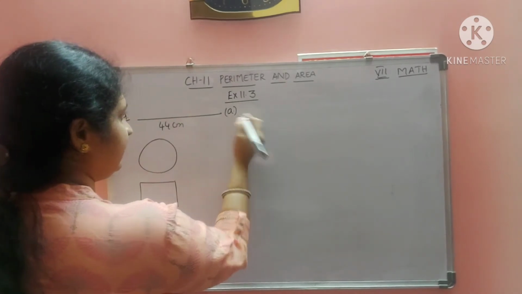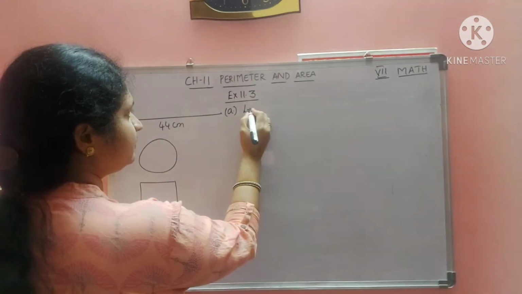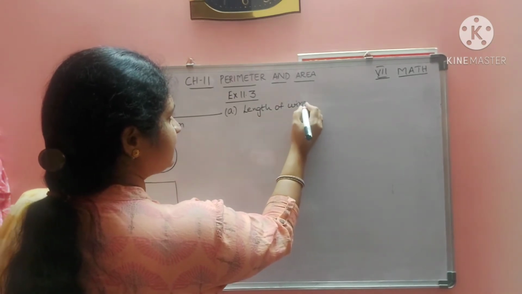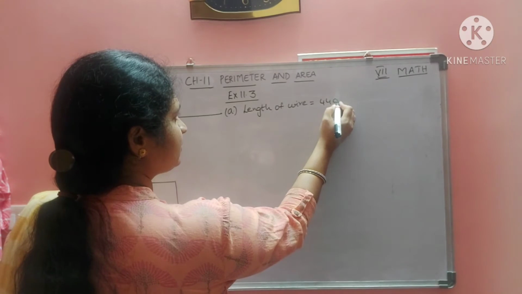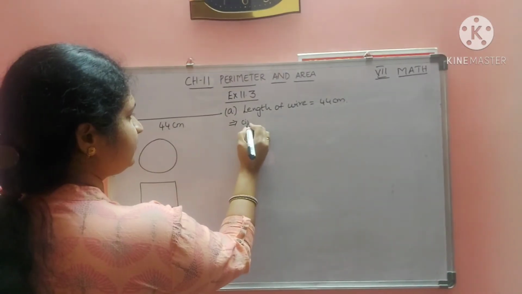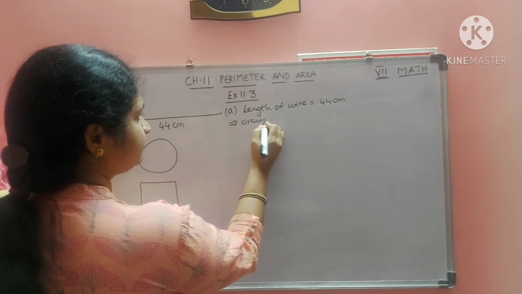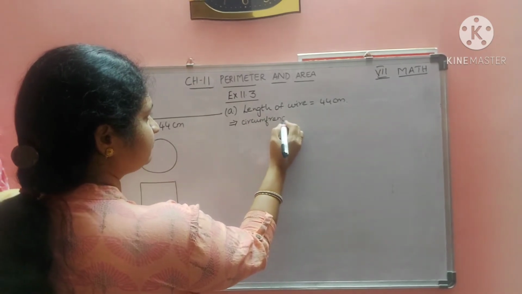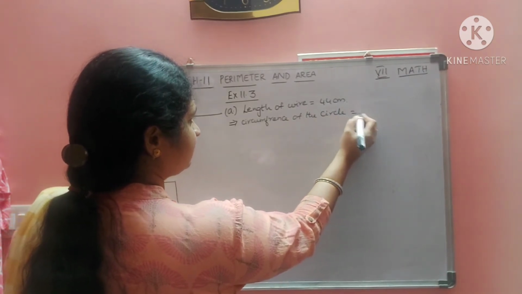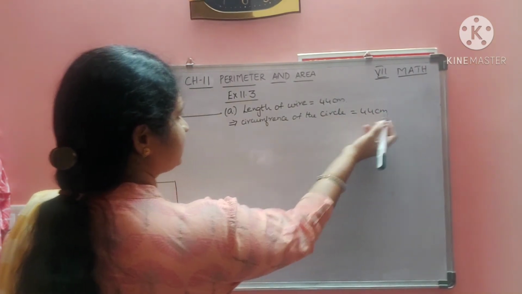First I am taking the circle. Length of the wire is equal to 44 centimeters, which implies circumference of the circle is equal to 44 centimeters.